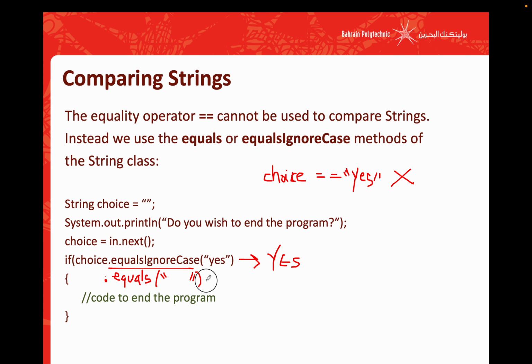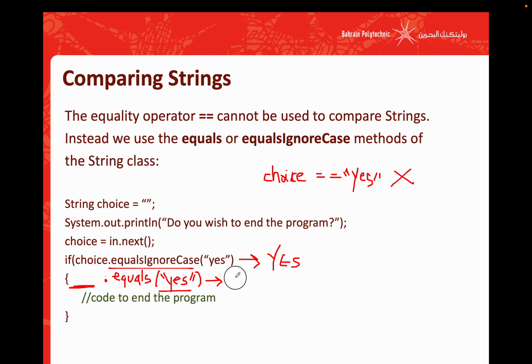But with equals, it must be written the same exact way that you have mentioned here. So for example, if everything is small letter here, I must have the same word with the same case in the one that I'm checking it against.